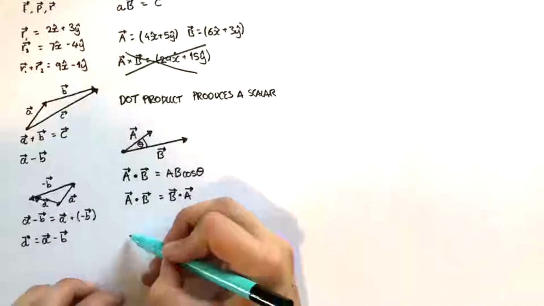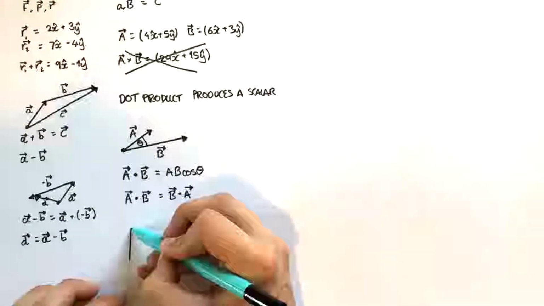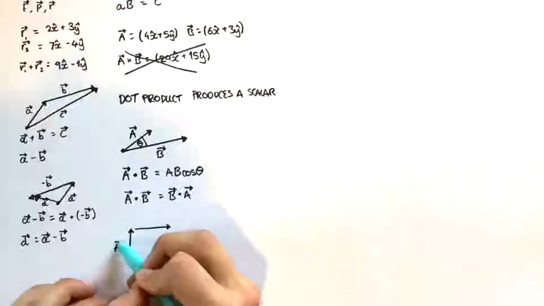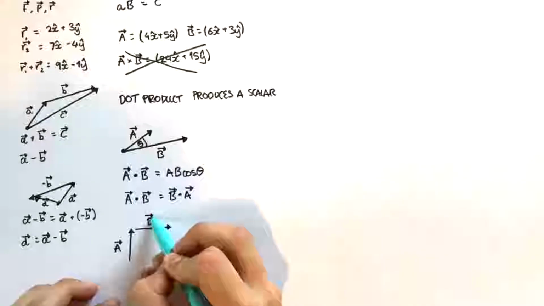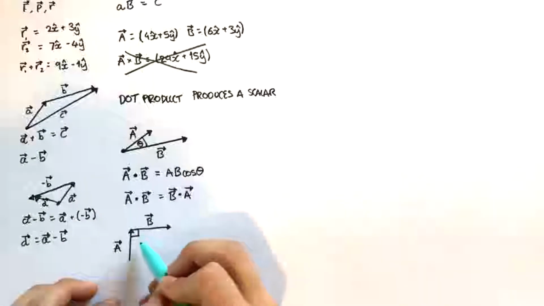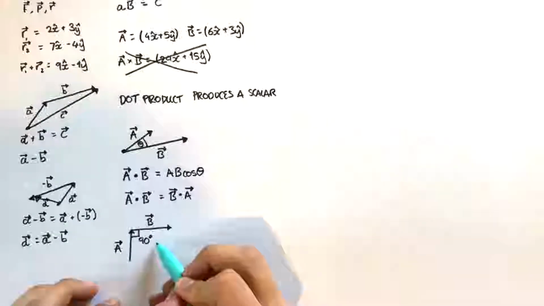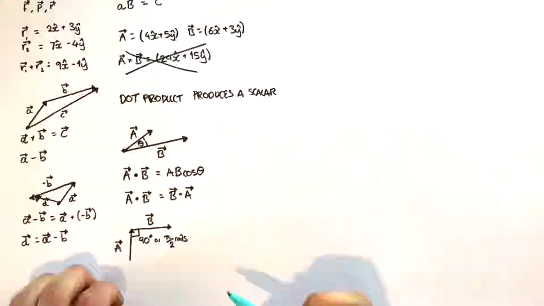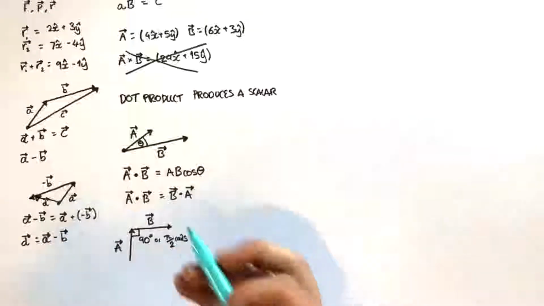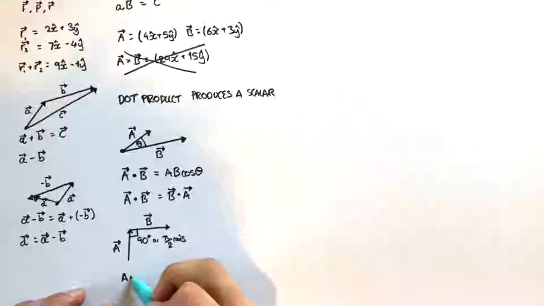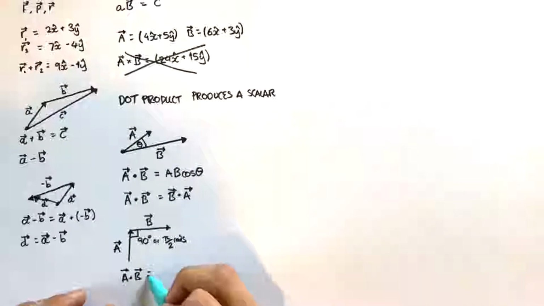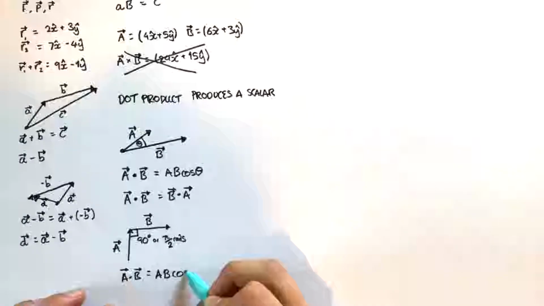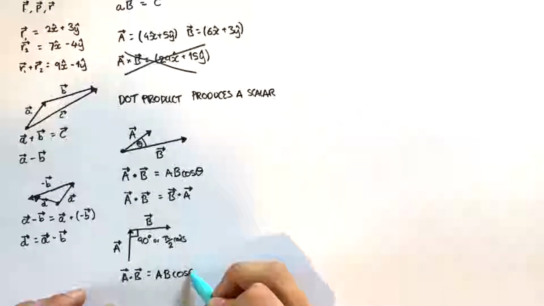So as I said, let's take the case in which A and B are perpendicular to one another. So we have A and B. Then this angle right here is 90 degrees, or if you like, pi over 2 radians. And how do we calculate the dot product? Well, we know that A dotted with B is the magnitude of A multiplied by the magnitude of B multiplied by the cosine of theta.